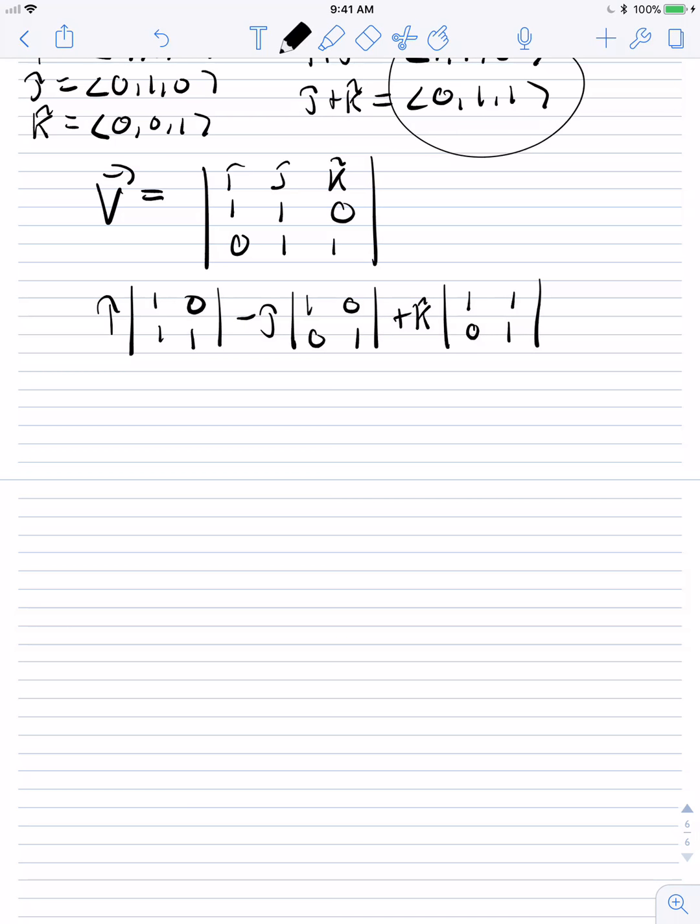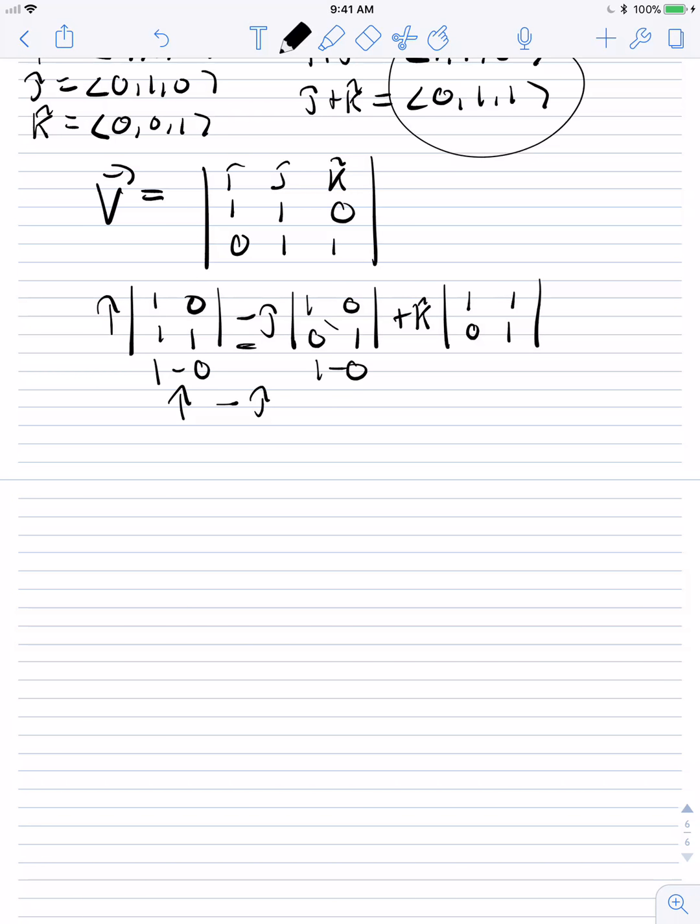Now doing the actual cross part, 1 times 1 is 1, 1 times 0 is 0. Subtract them, we get a positive 1i. Doing the same thing, 1 times 1 is 1, 0 times 0 is 0. Subtract that, we get a positive 1, but we have this negative sign here, so it's minus 1j.